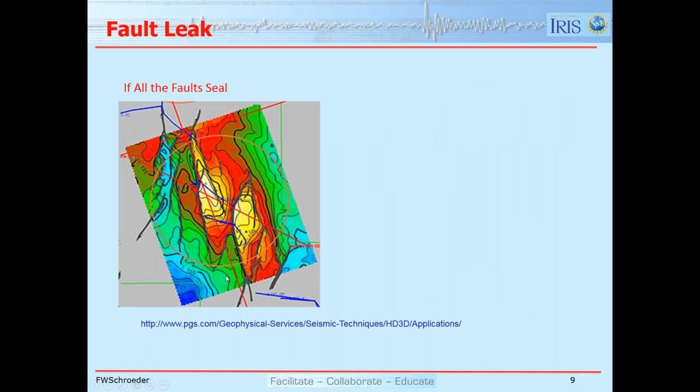Here is a structure map showing a couple of faults over a high block. If all of the faults seal, then we would look for synclinal spill points to define how much hydrocarbon can be contained. And so we'd have one compartment here, a second compartment here, a third compartment here.